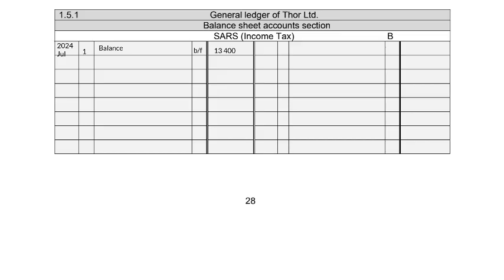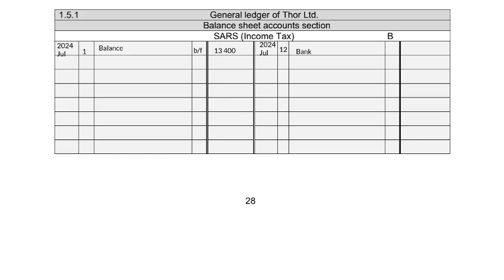This was paid to SARS on the 12th of July, so on the credit side, 2024, July the 12th, bank, cash receipts journal.